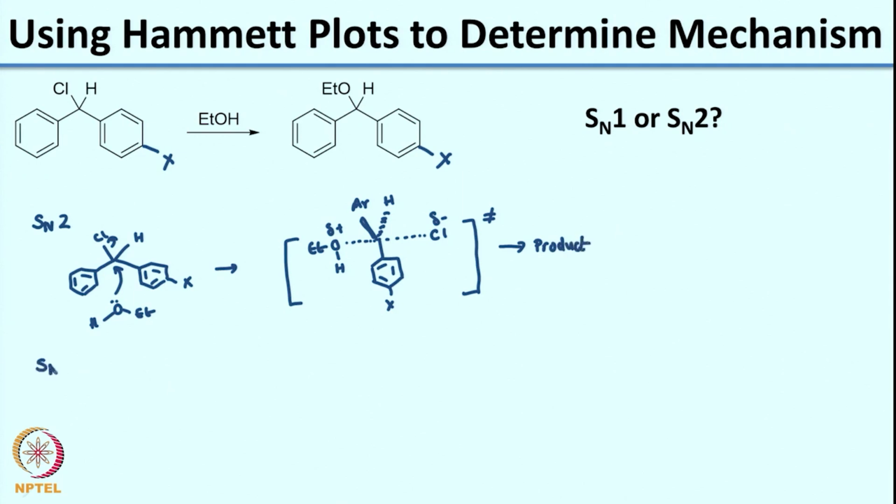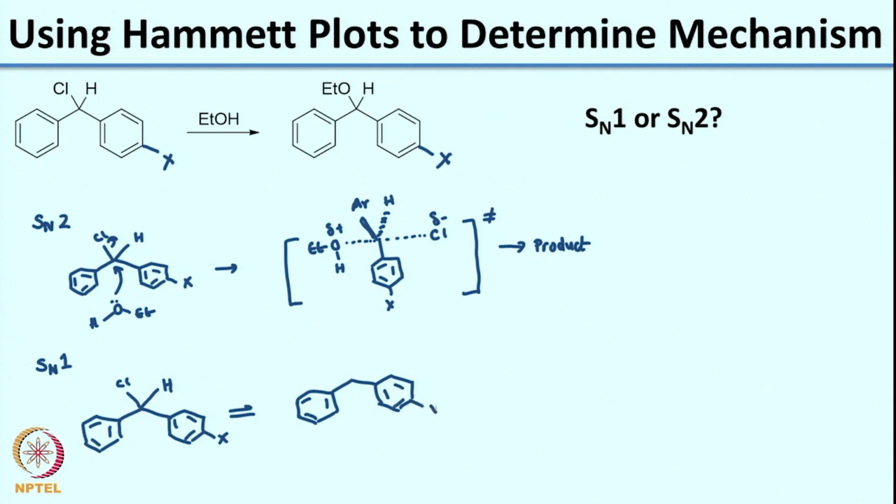If it is SN1, so in this case the first step would be dissociation of Cl. And then you would have EtOH coming in to give you the product.